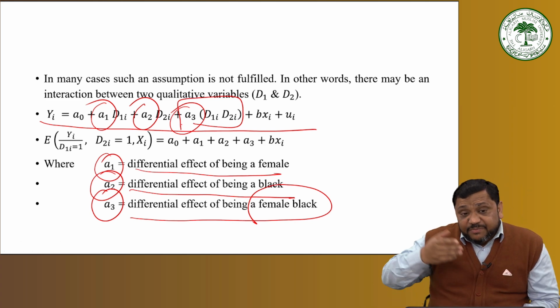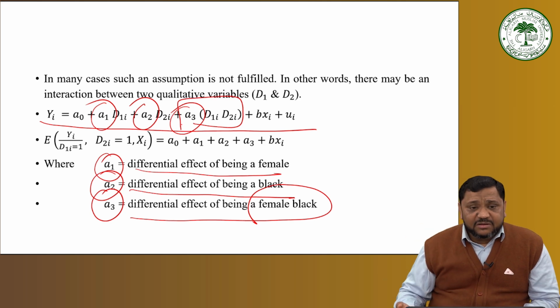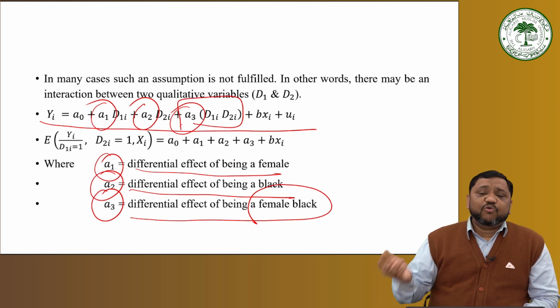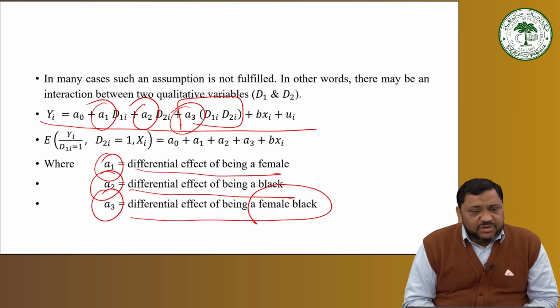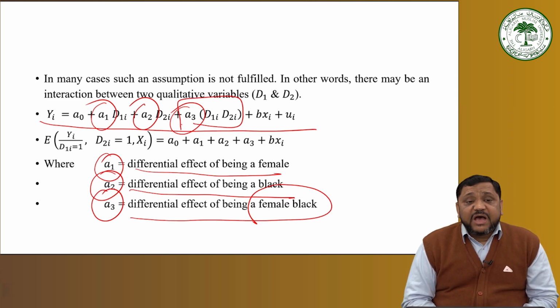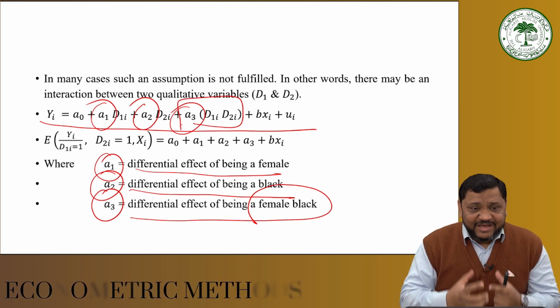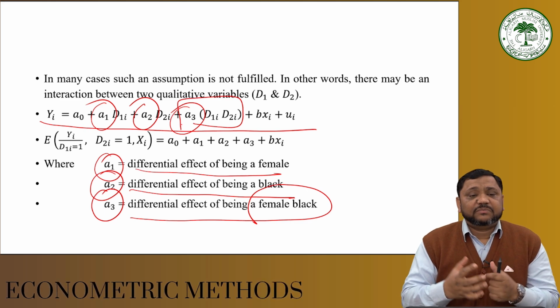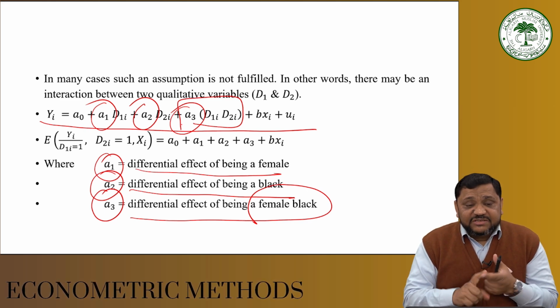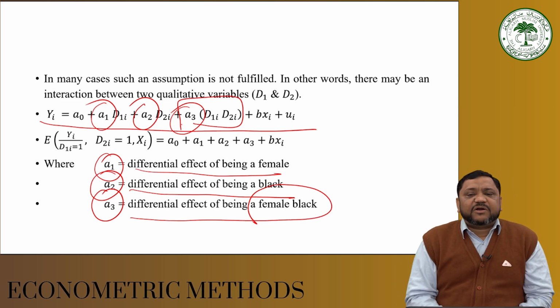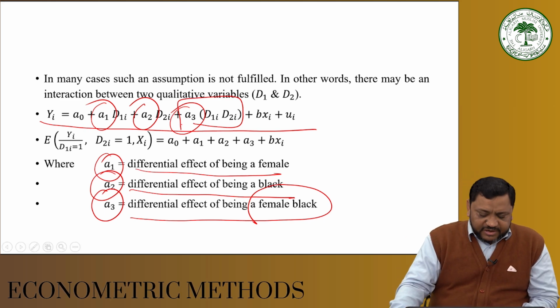If the person is a male and a black, or a female and a black, what is the impact on the wages or the salaries? So we are incorporating qualitative variables like race and gender, and we are seeing their interaction with education and its impact on the level of income.